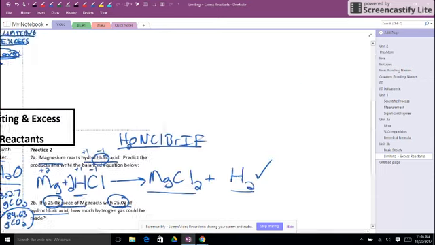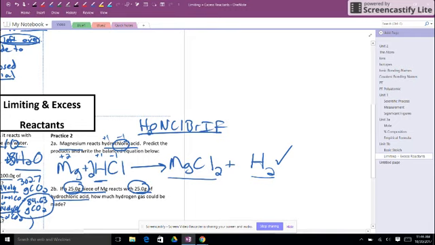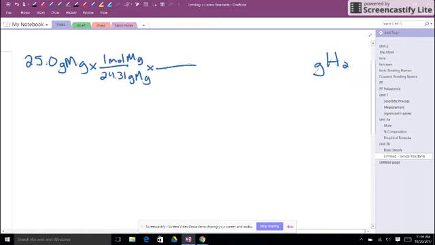We then look at our balanced equation ratios, and it suggests that for every 1 mole of magnesium, we're going to produce 1 mole of hydrogen gas. And then lastly, let's wrap up this grams to grams problem by using the molar mass of the unknown substance, the hydrogen. 1 mole of hydrogen is 2.02 grams of hydrogen.